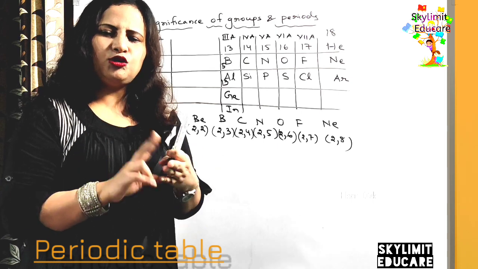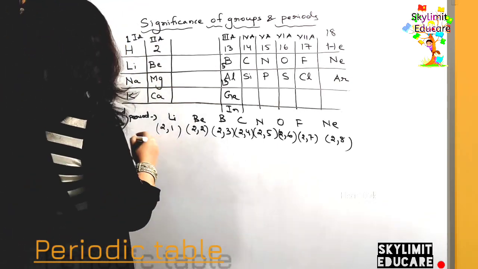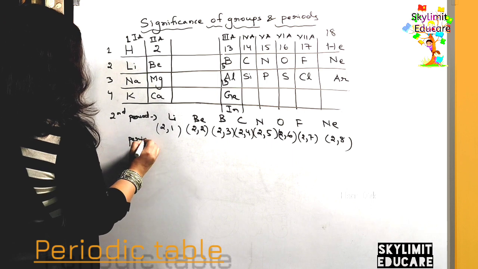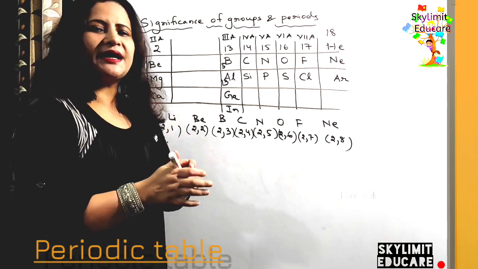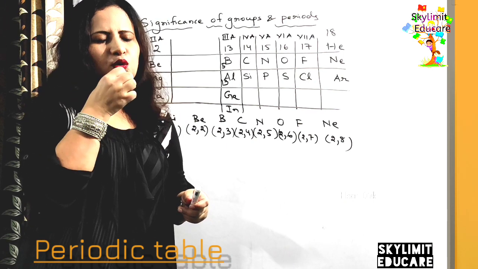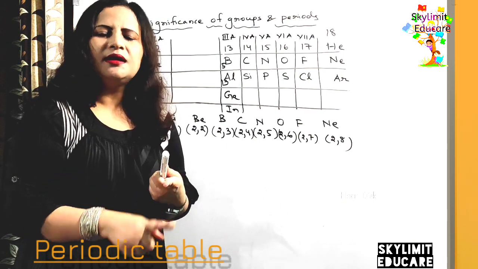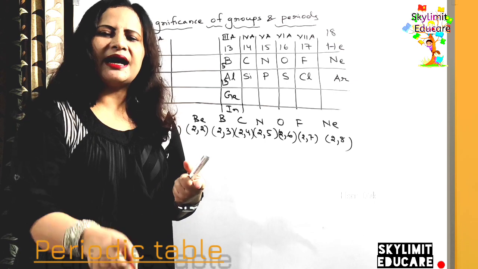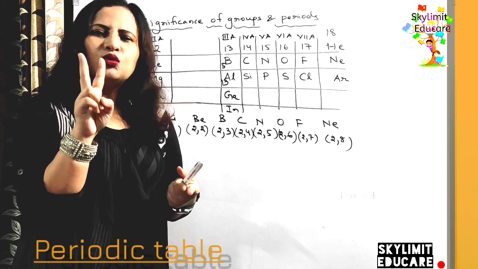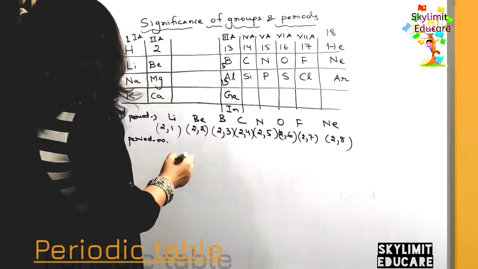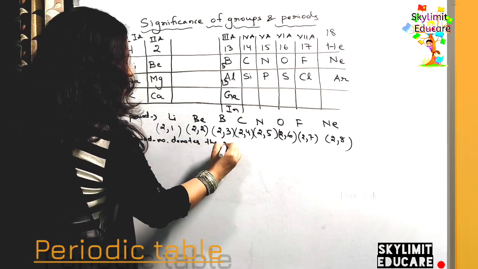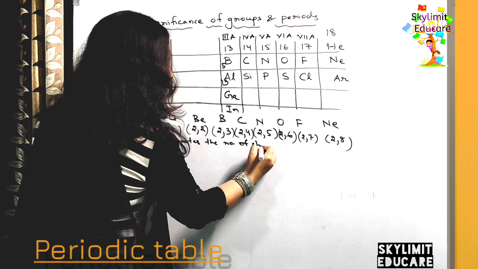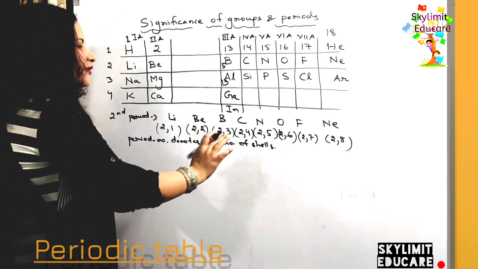They have only 2 shells, that is K and L. That means they belong to the second period. So the meaning of the second period is, if you got to know that an element belongs to the second period, you should directly conclude that this element has only 2 shells. So period number denotes the number of shells.